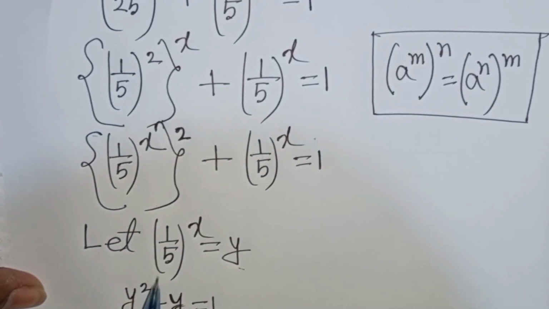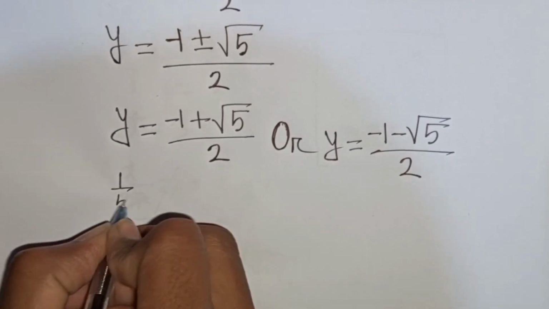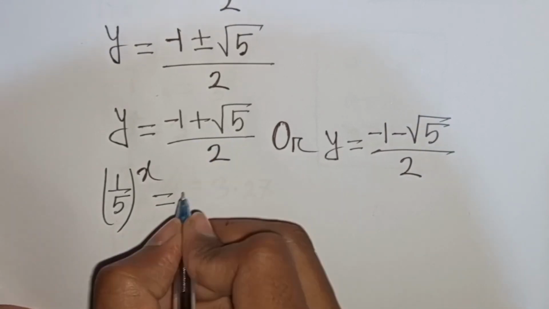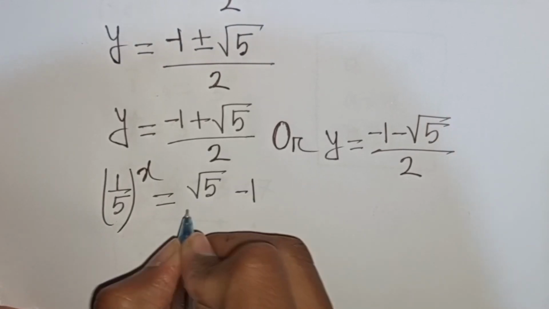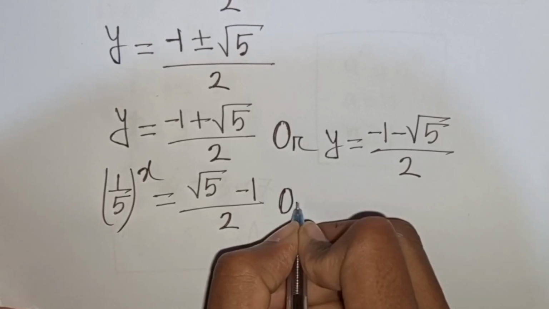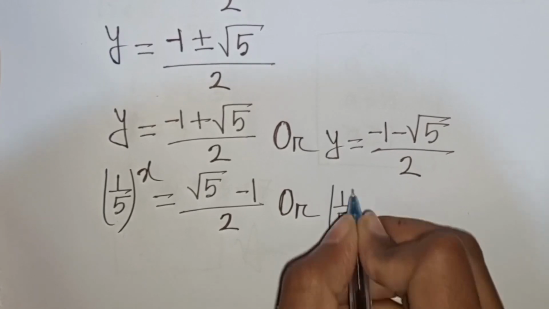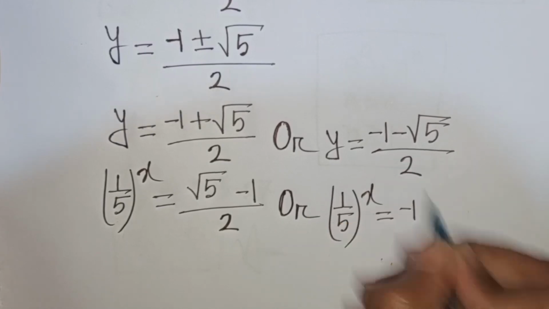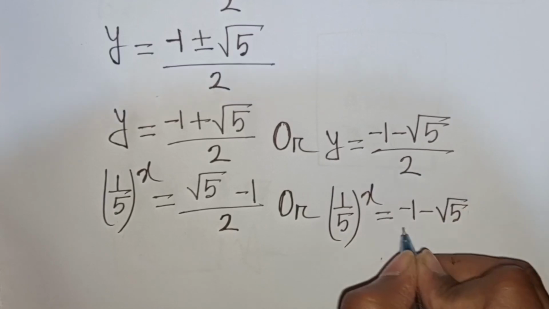So y, that means 1 by 5 bracket power x, is equal to square root of 5 minus 1 divided by 2, or 1 by 5 bracket power x is equal to minus 1 minus a square root of 5 divided by 2.